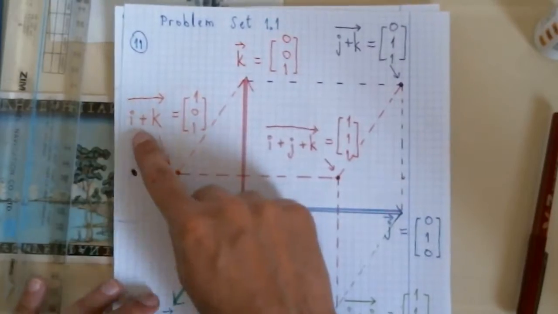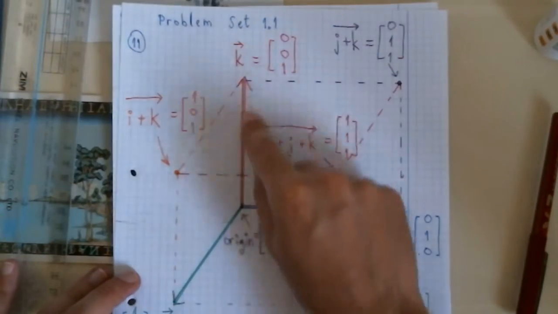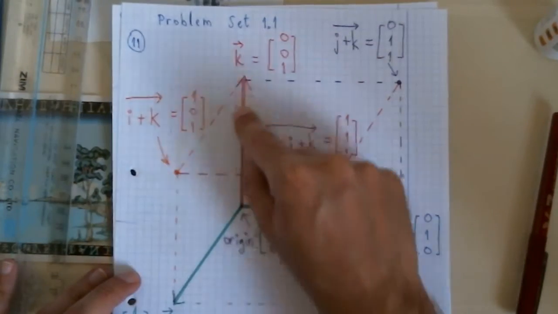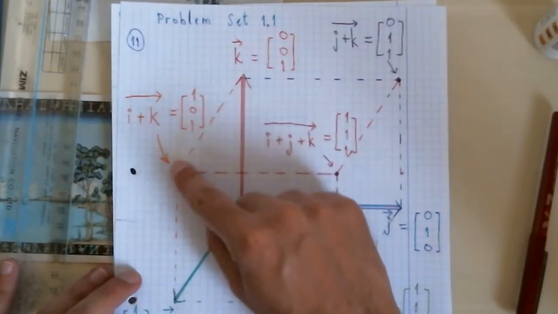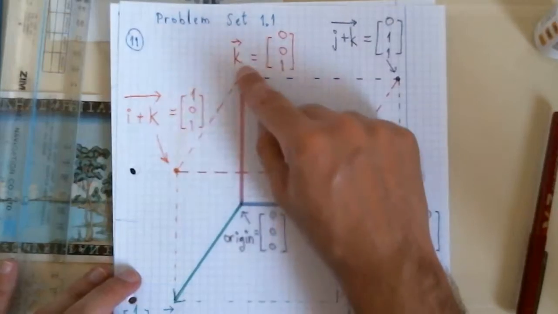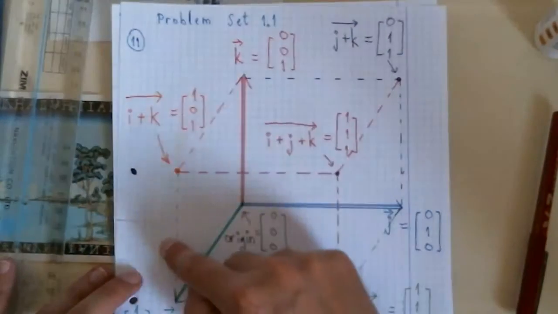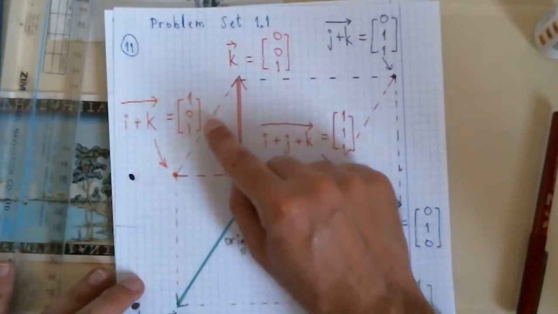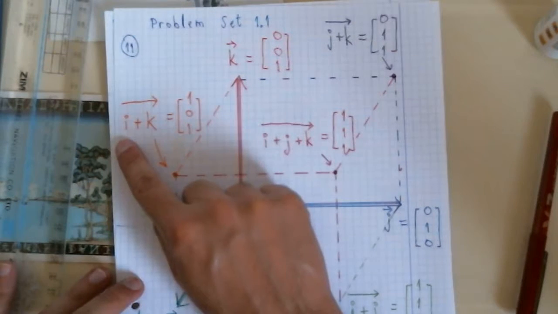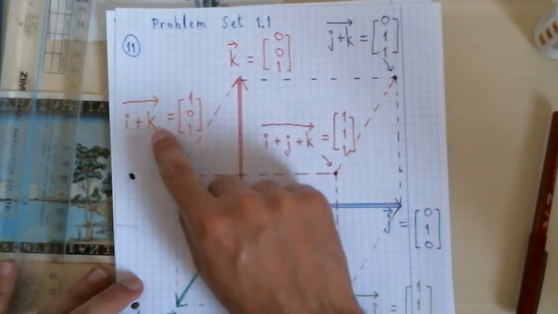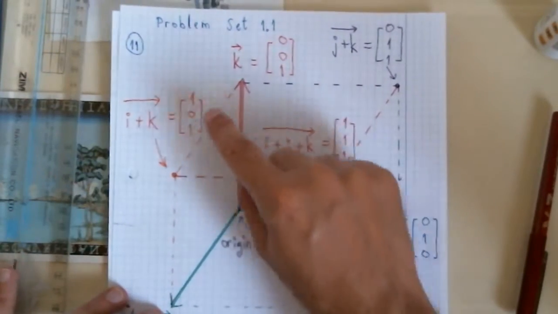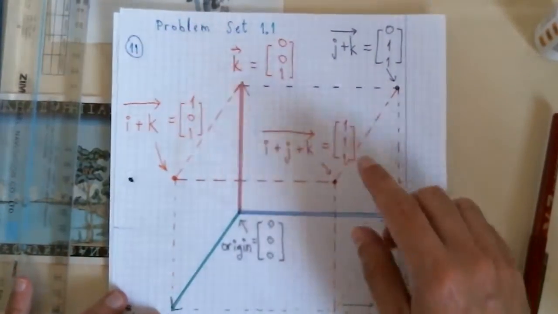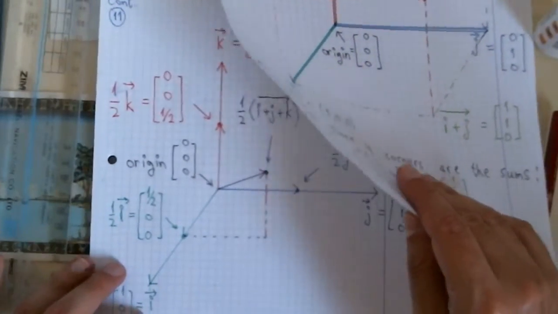For example, if we take this face, the green and red, this one that is made up from I and k and minus I and minus k. So it would be half of I plus k, taking this and cutting it by half. So it's half and 0 and half. Okay, so let's write it down.